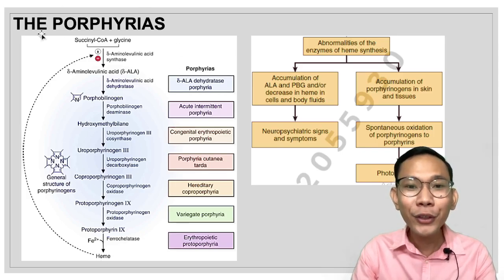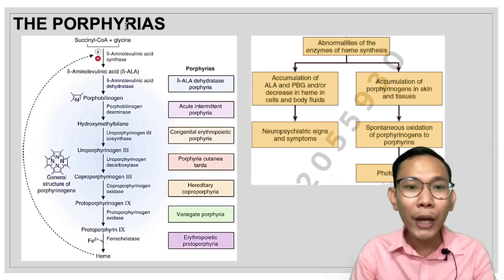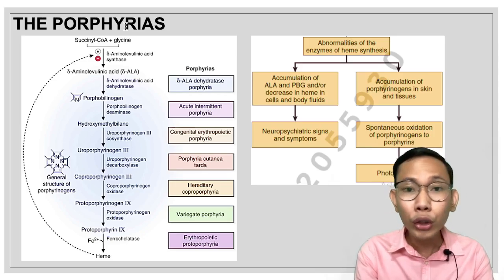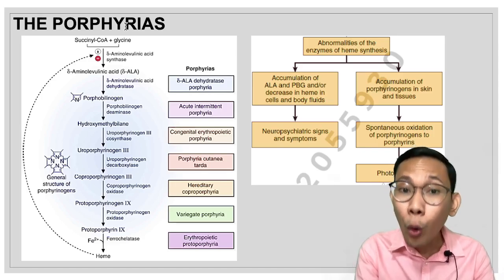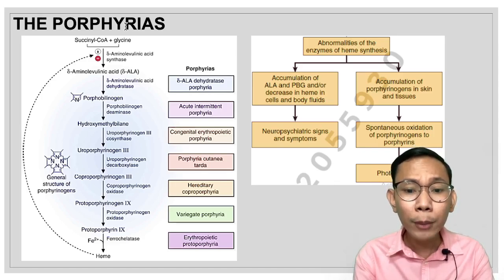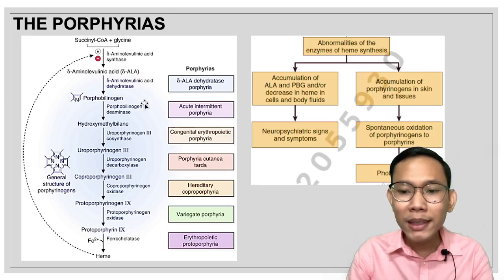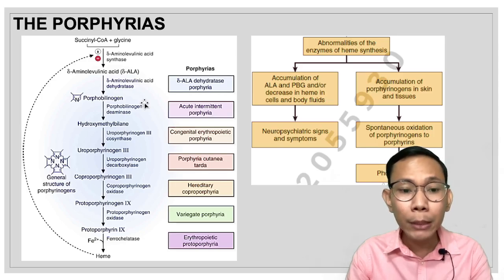Now, we have your porphyrias. So, Doc, ano tong porphyrias? Your porphyrias are genetic, autosomal dominant, or acquired disorders due to abnormalities in the pathways of your heme, which results in the accumulation and increased excretion of your porphyrins or your porphyrin precursors.